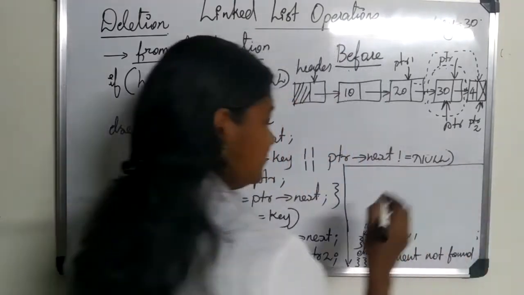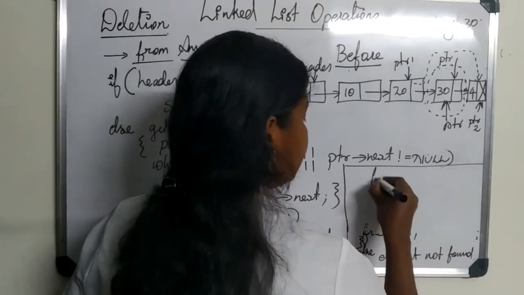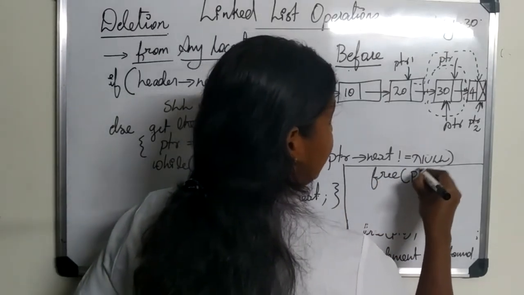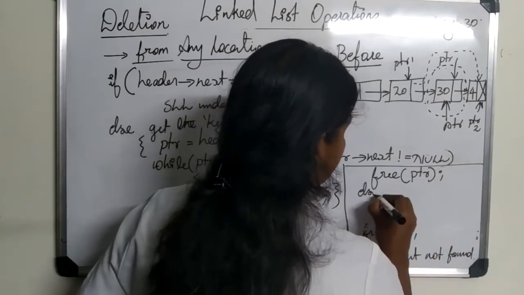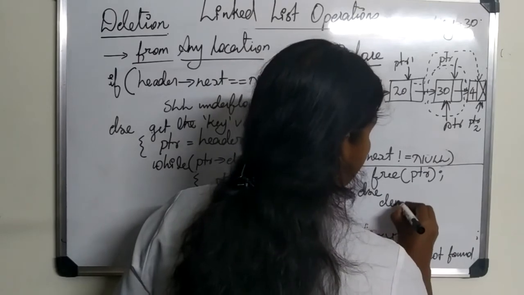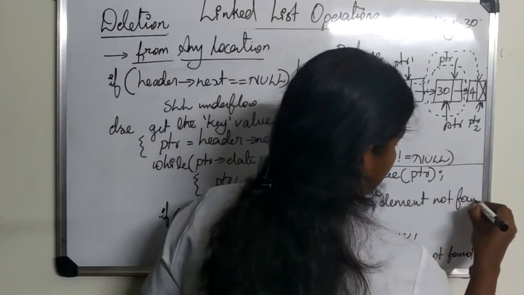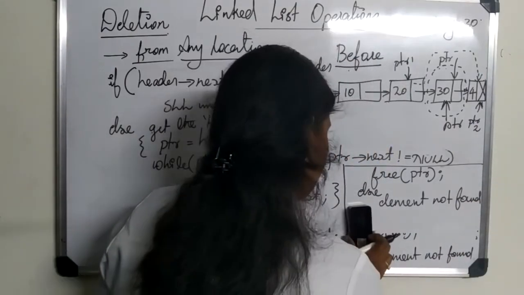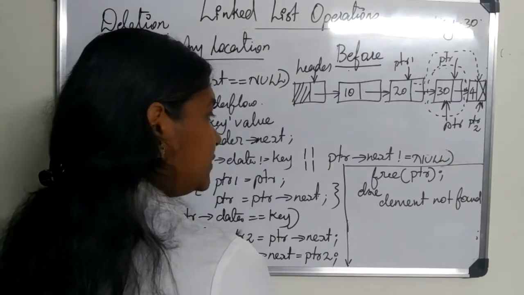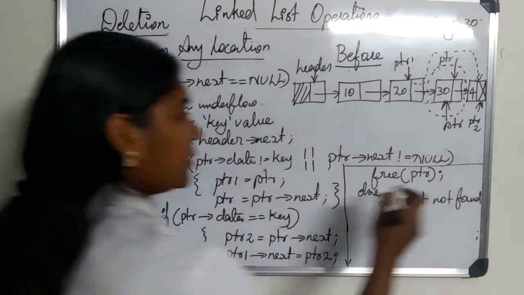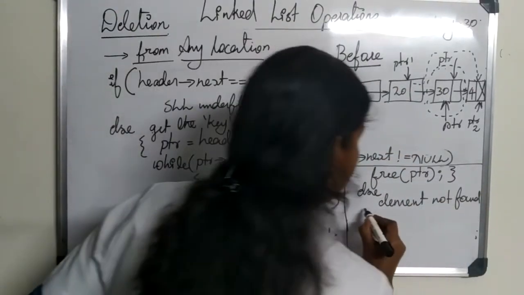Don't get confused. So after performing the resetting of pointers, free of ptr, then its else part, that is element not found. Then you close the while loop first.